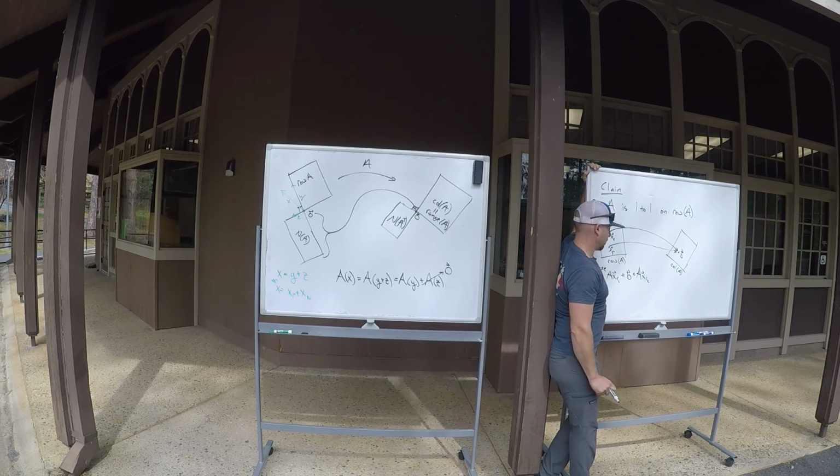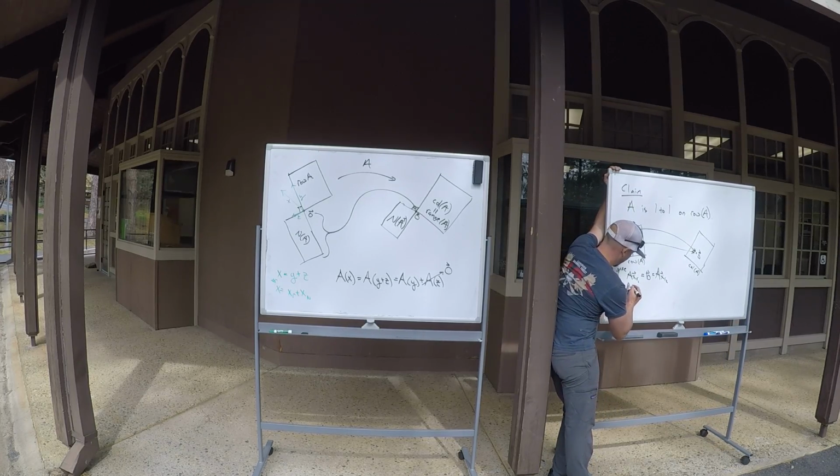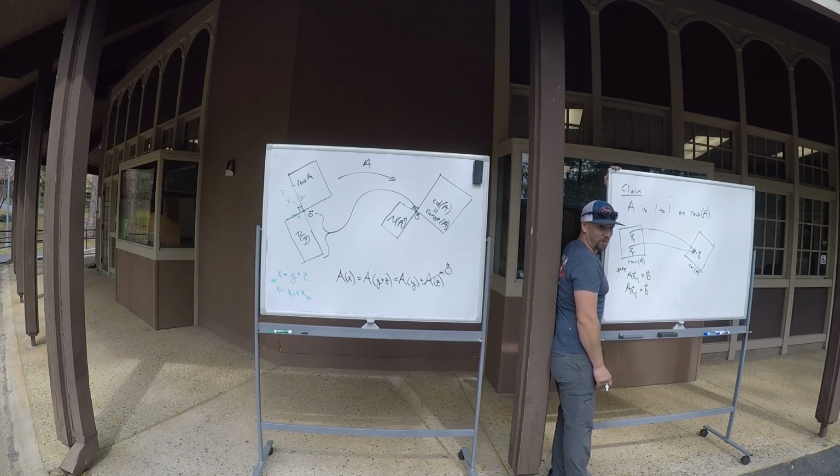Okay. Now I'm going to do something tricksy. Anybody guess the tricksy thing I'm going to do? Yeah. So the tricksy thing I'm going to do is I'm going to write this as A x row 2 down here equals B, and then I'm going to subtract these two equations from each other. You guys see that?